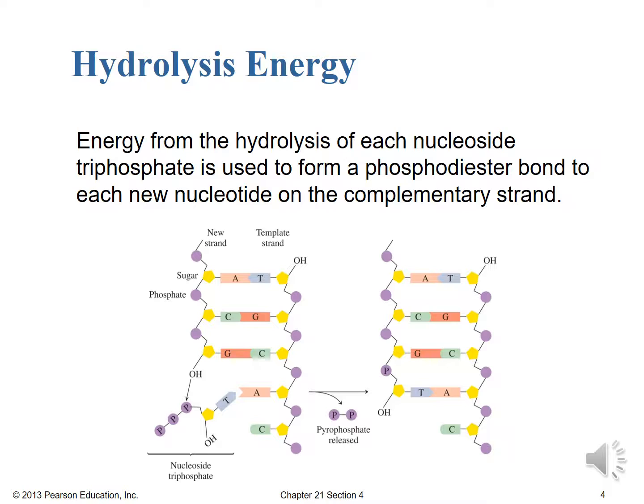Any of these nucleoside triphosphates can form that phosphodiester bond to get us a new nucleotide on the complementary strand. It also releases a pyrophosphate, as we see, and that's how we go down from a triphosphate to a single monophosphate.